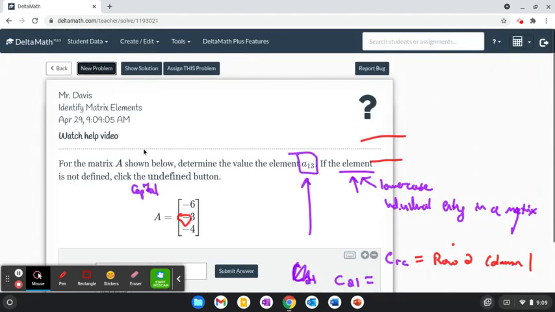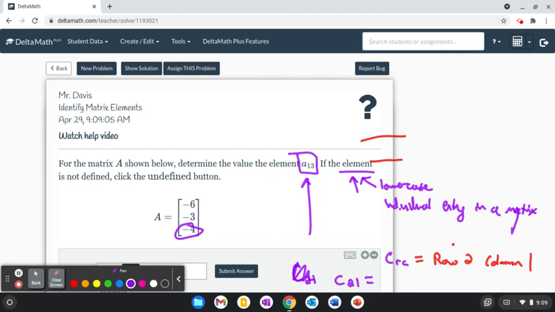All right, let's go look at a different example. This one's actually another one that doesn't exist. So this one, don't just assume. It's easy to make the assumption with this one. What they're trying to get you to pick is obviously -4. They're trying to get you to choose -4. Could you see, 1 and 3, so that's probably -4, right? Because it's 3 down in the first row.